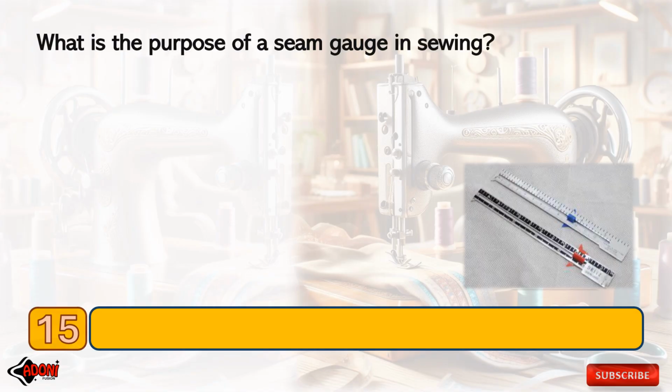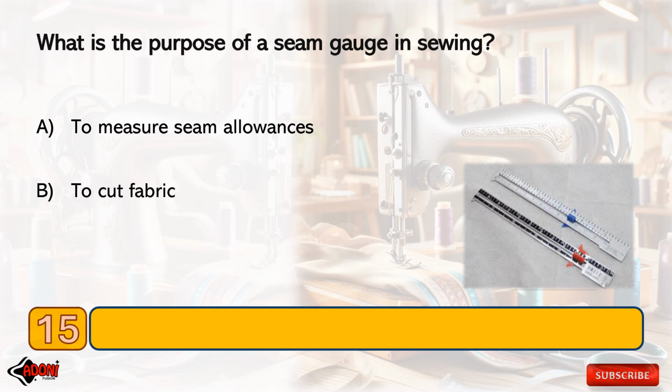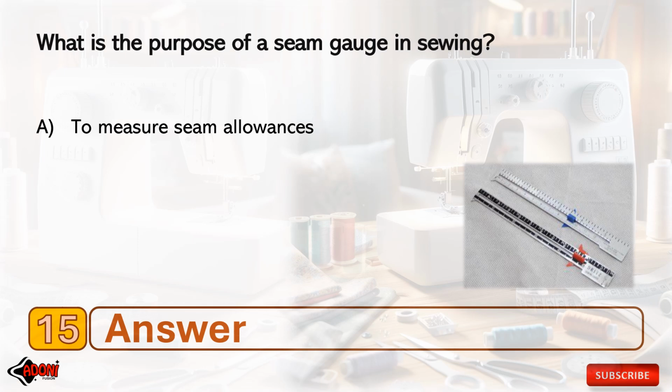What is the purpose of a seam gauge in sewing? To measure seam allowances, to cut fabric, to create pleats. The answer is to measure seam allowances.